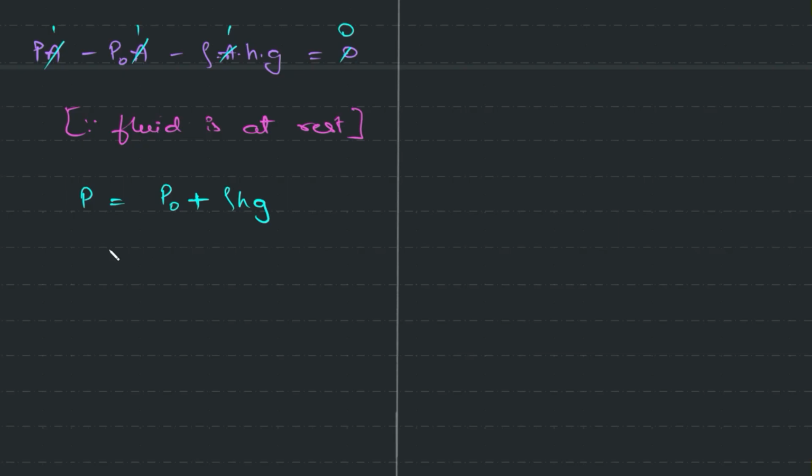And clearly we can see the pressure difference depends on what? Height. Can you see that? The pressure at a depth of H below a point in a liquid will be rho gH more than at that particular height.